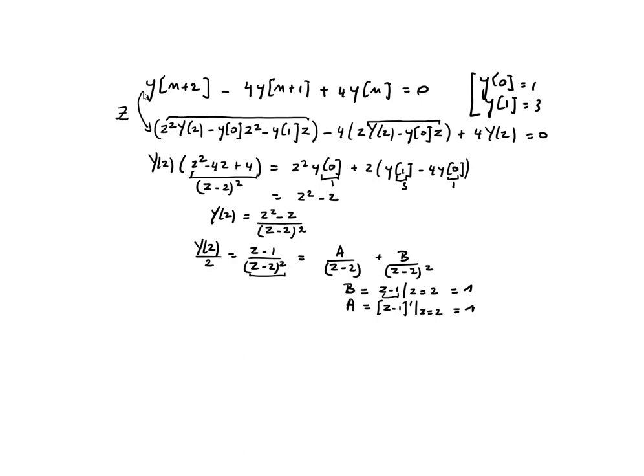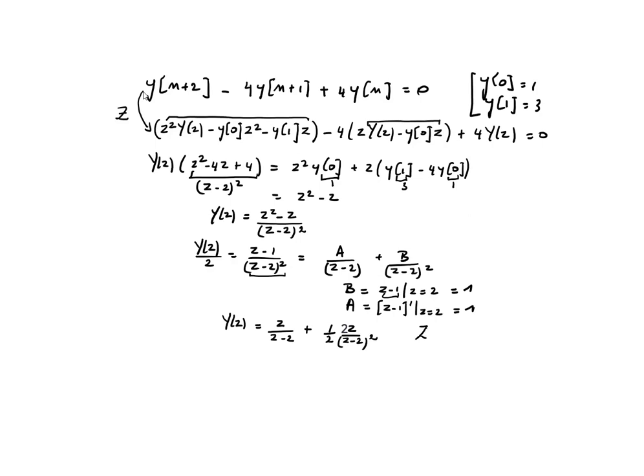Okay, so now we have B, we have A, we can multiply by z and write Y(z) as z over (z minus 2) plus, well, it's z at the numerator, but what we can do is write it as a half times z over (z minus 2) squared, right?